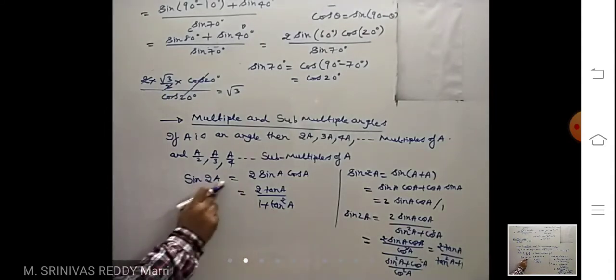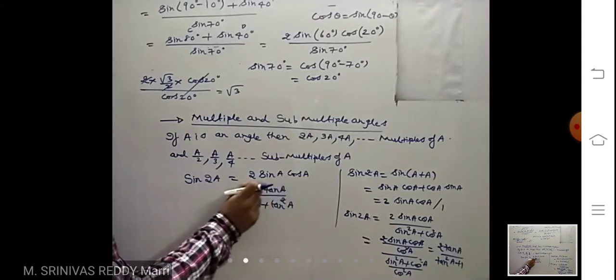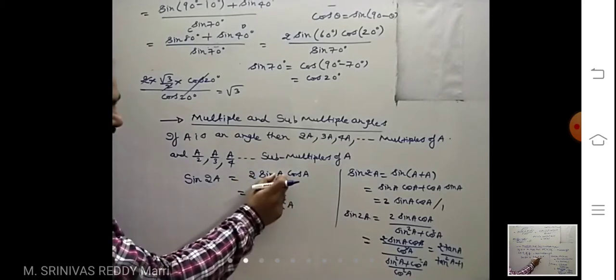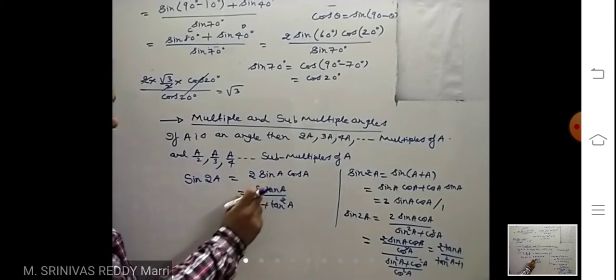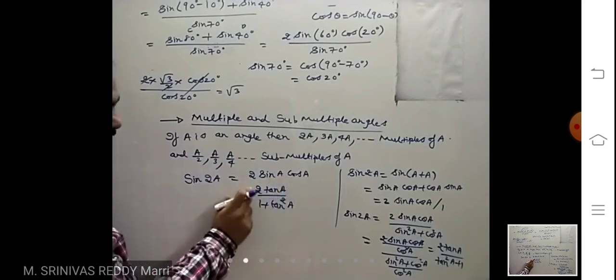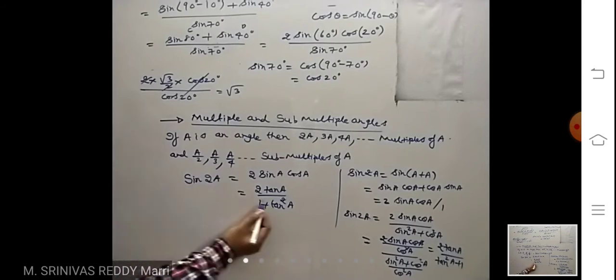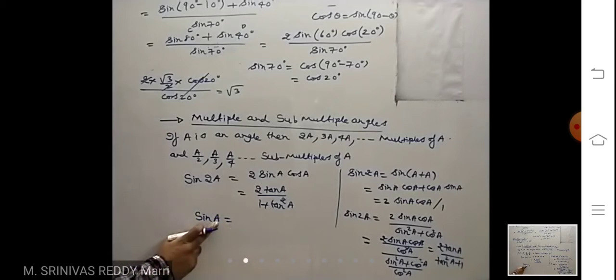If you want to write in terms of sine and cos, the basic formula is 2 sine cos of the half angle. The basic formula in terms of tan is 2 tan divided by 1 plus tan square, of the half angle. So suppose this is sine A, and now you want to write it in terms of the half angle.